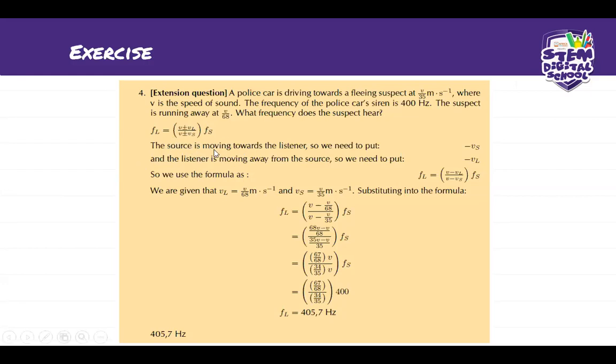It says when a source is moving towards a listener, your VS becomes a minus. Okay, so that's where we get the minus VS. And when the listener is moving towards the source, it's positive, but when it's moving away from the source, it becomes negative. So this is the question that we have.